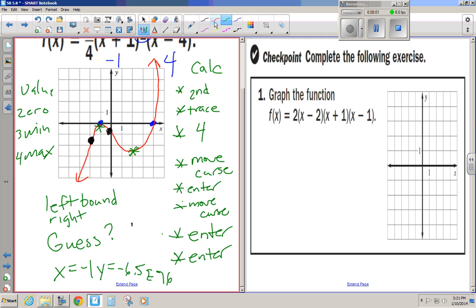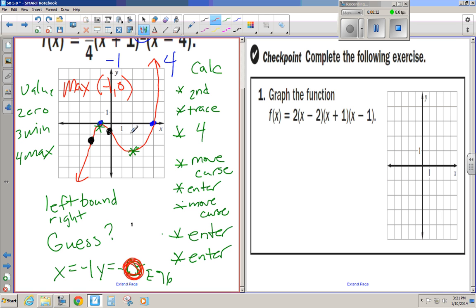It means -0.00000000000065, which is basically 0. Okay, so it's telling you that -1, 0 is a max.